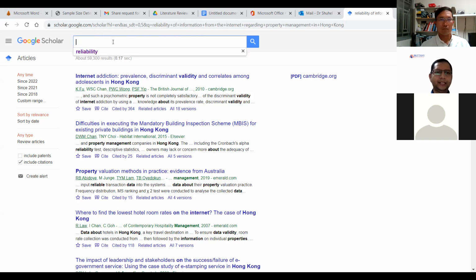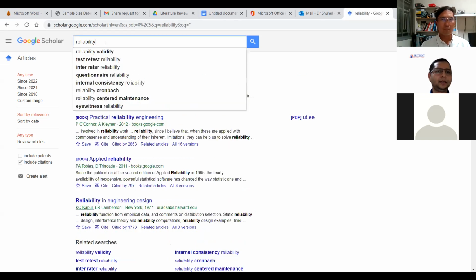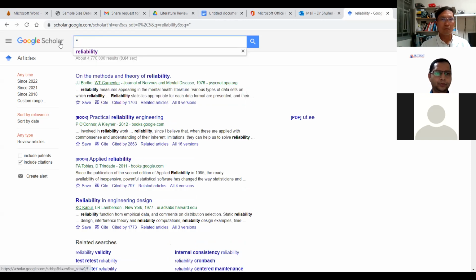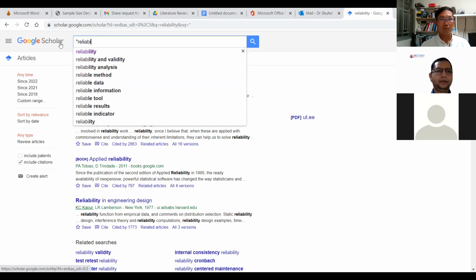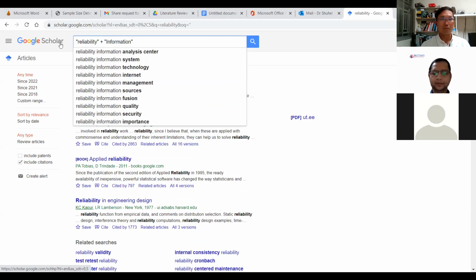So you can do like this. Reliability, you put inverted commas, all of you, I think you all can see, right? Put inverted reliability, plus, again inverted, put information, put again plus, internet.